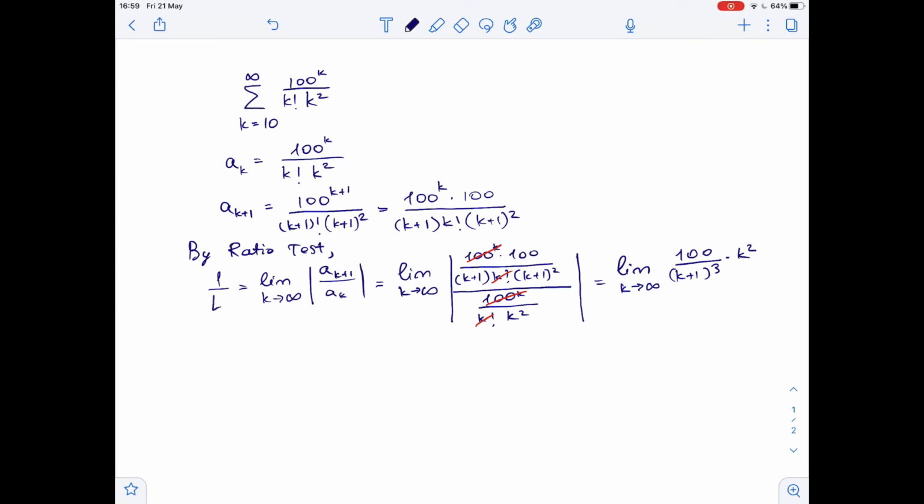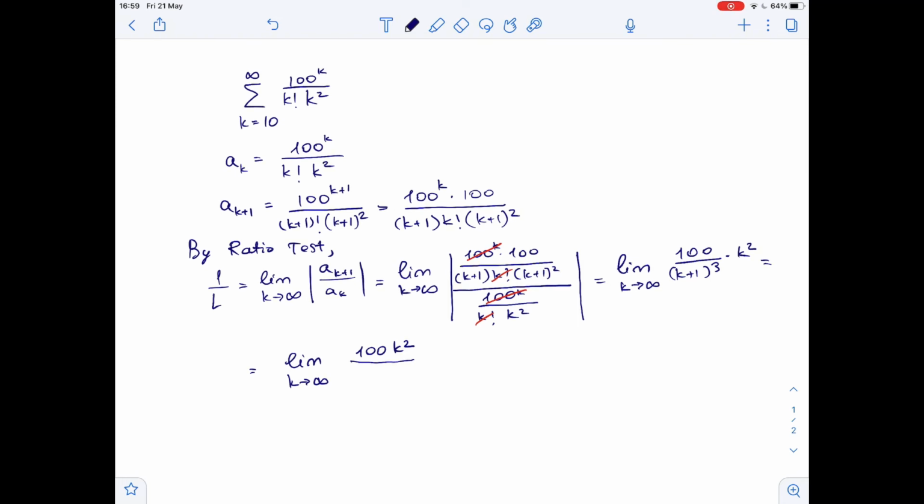So let's write it again. So it's the limit where k approaches infinity. Here we have 100 times k squared, and here we can just take k out of our parentheses.